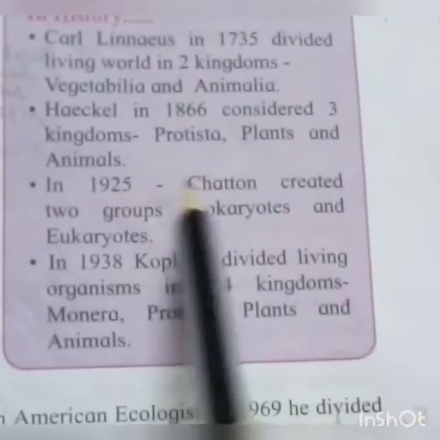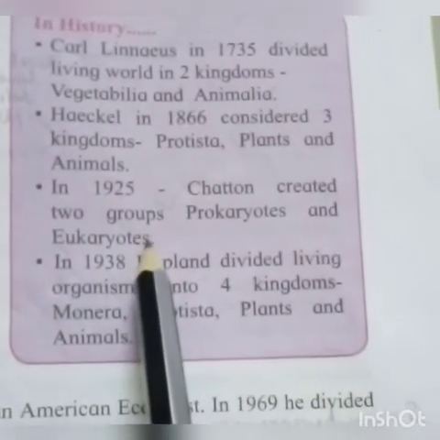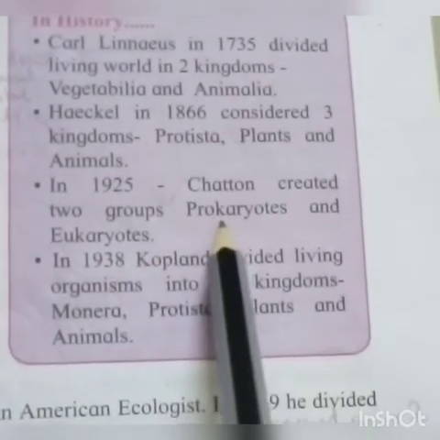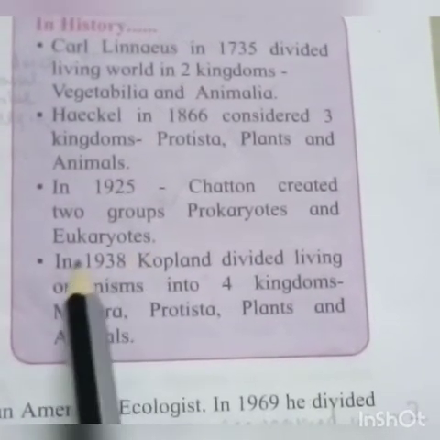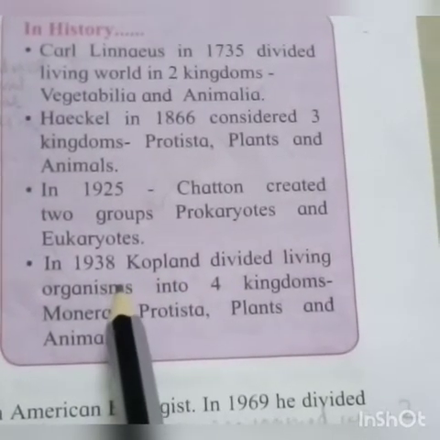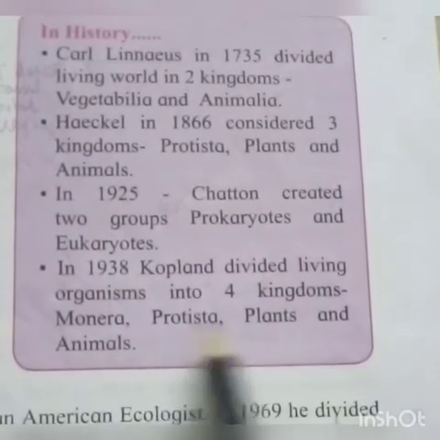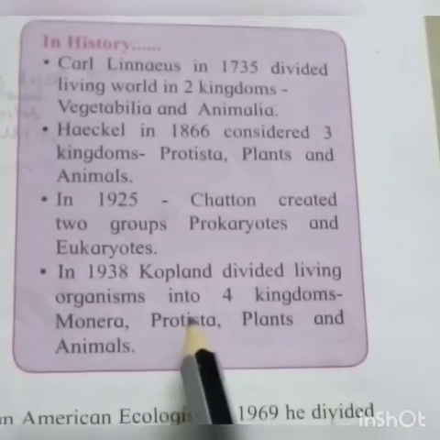In 1925, Chatton created two groups, prokaryotes and eukaryotes. Prokaryote simple cell, eukaryote complex cell. In 1938, Copeland divided living organisms into four kingdoms, Monera, Protista, plants and animals.